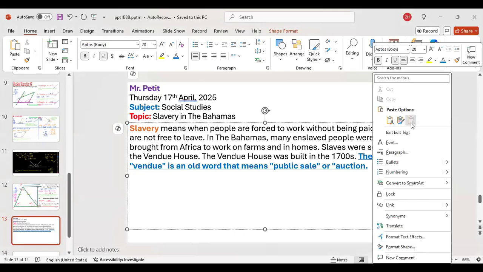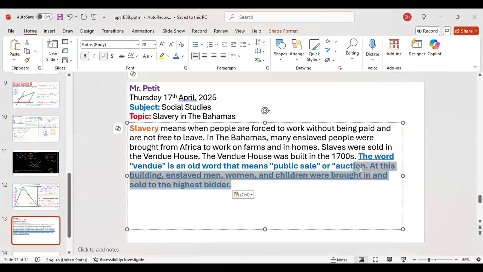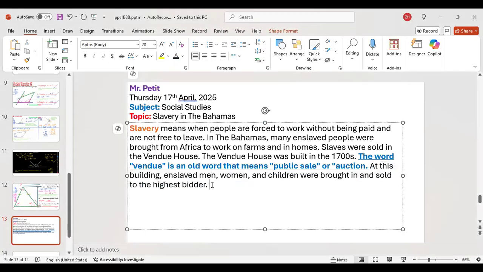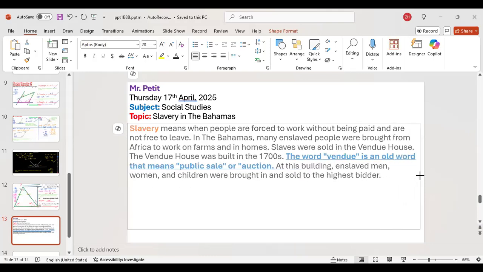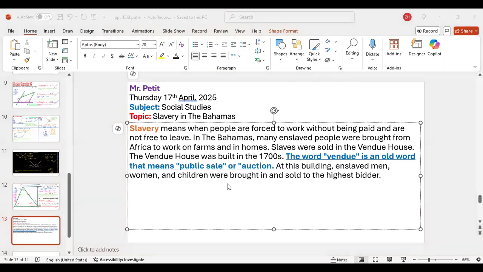They would check their physical condition, their teeth, their muscles, all those different things, to make sure they were in good condition so they could work in the fields and farms, basically as slaves. So they were sold like goods.